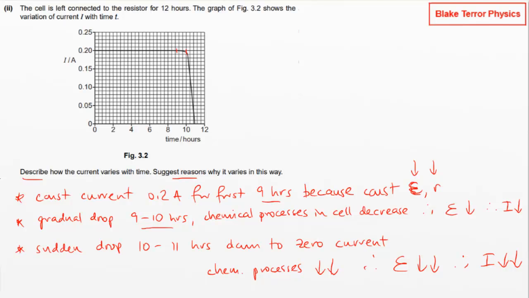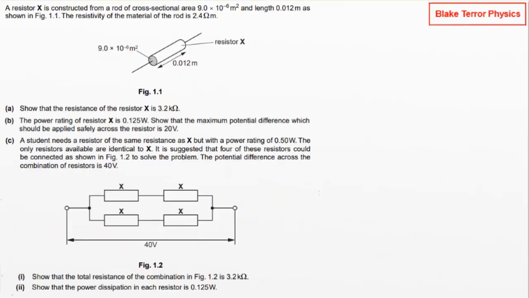Right, so onwards. Resistor X constructed from a rod, cross-sectional area that, length that, resistivity that. Yeah, okay, fair enough. Everything they've given us in that picture plus that resistivity. Show the resistance is 3.2 kilo ohms. Right, so our resistance is the resistivity times the length divided by the cross-sectional area.